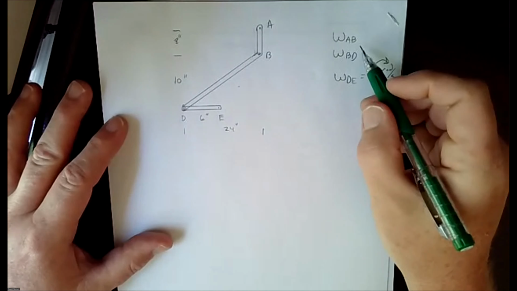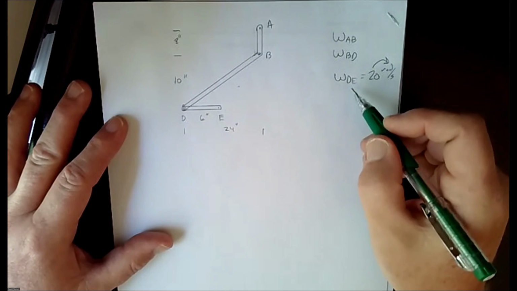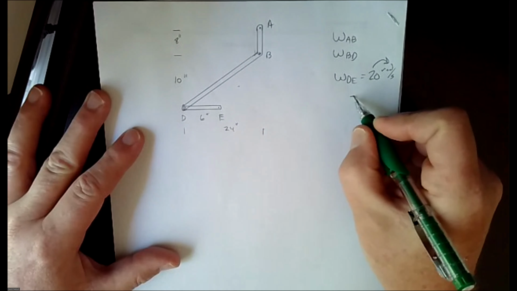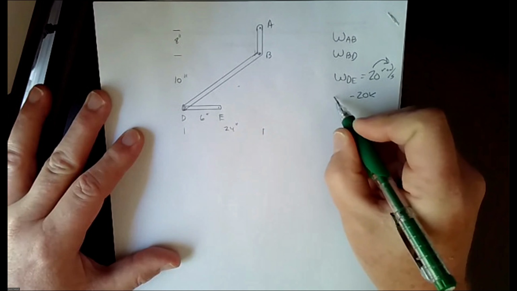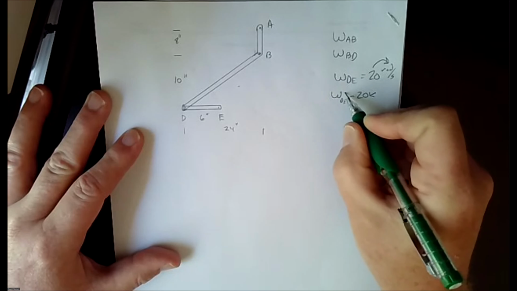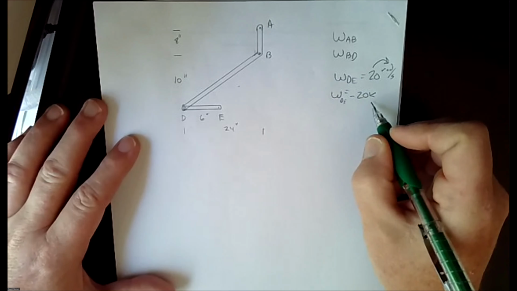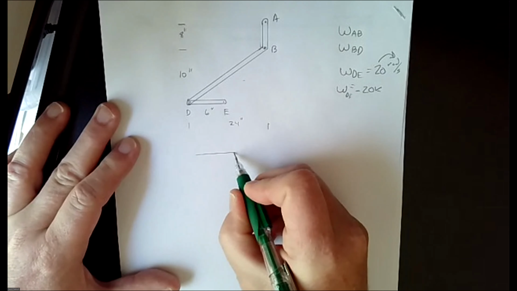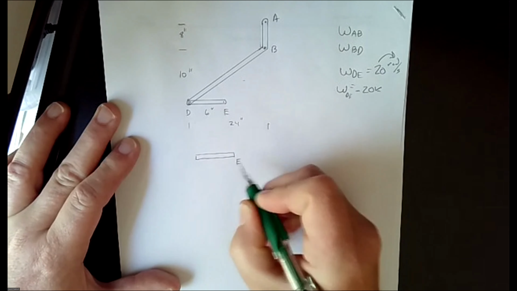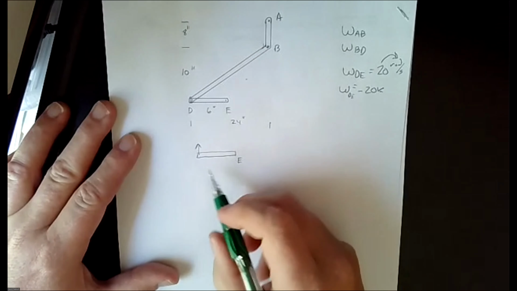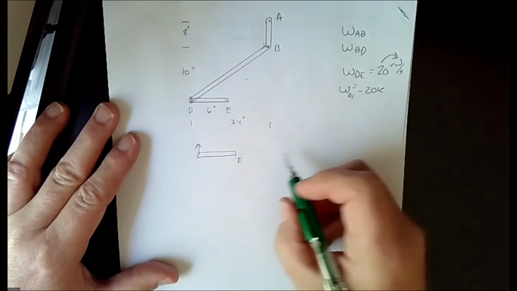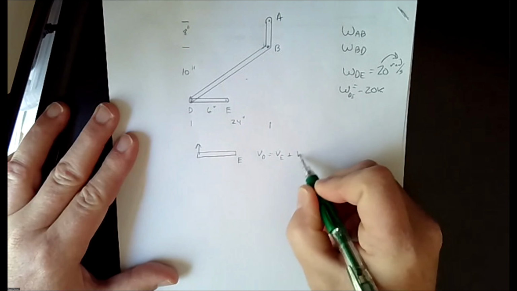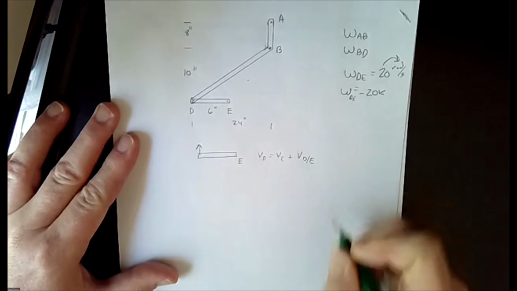All right, so we want to find AB, we want to find BD. We know DE is 20 radians per second clockwise, so we can write that as negative 20k. So omega DE is negative 20k. First thing, if we look at our bar here, if that's E and that's pointing up, well, we know that officially you could write it as V_D equals V_E plus V_D relative to E, right?